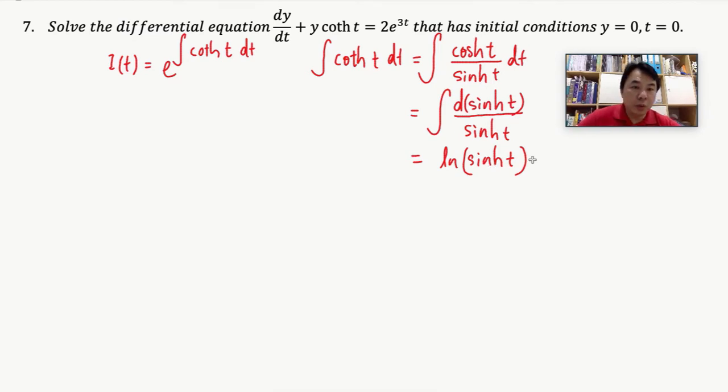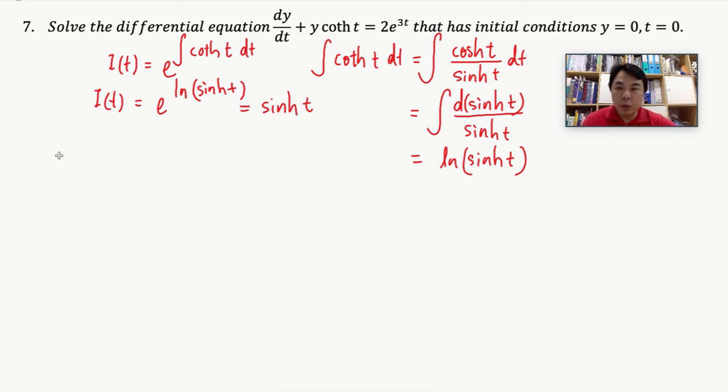Of course, some of you will remind me to put a plus c there, yes, but in this case we will omit the c at this point. We are just interested in getting this. So it will be the same as exponential of ln sinh t. Simplifying that will give us sinh t. I hope that is clear.